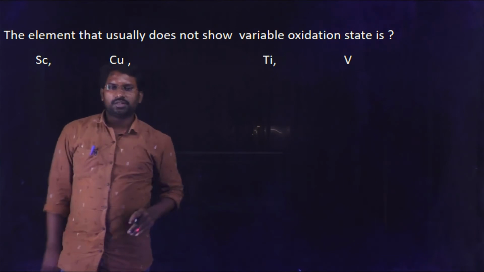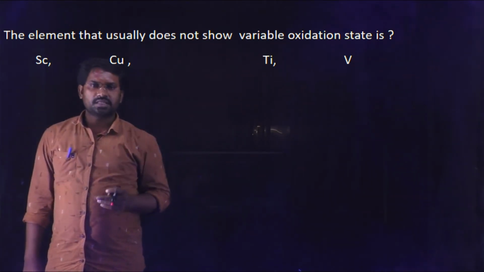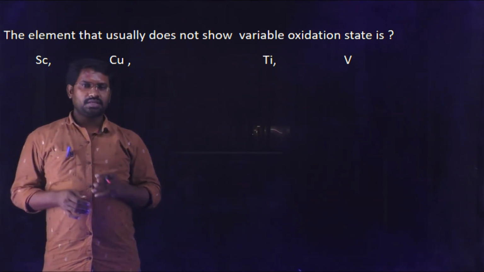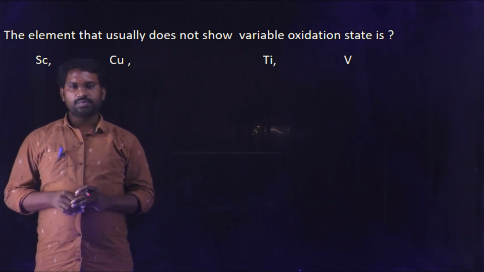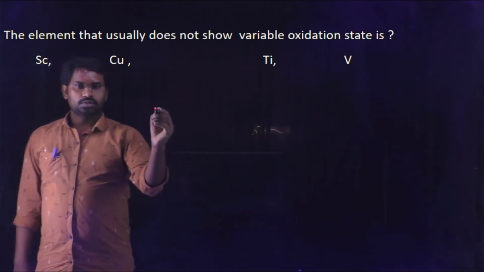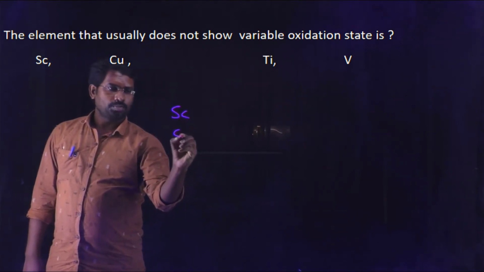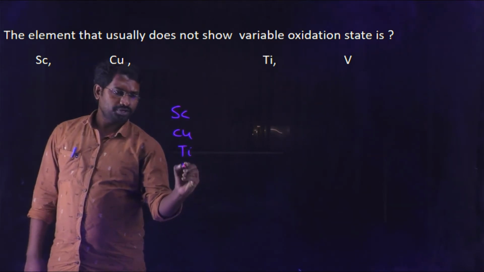Next question. The element that usually does not show variable oxidation state is. For the given 4 transition elements, which element does not show variable oxidation state? The elements given here are scandium, copper, titanium and vanadium.